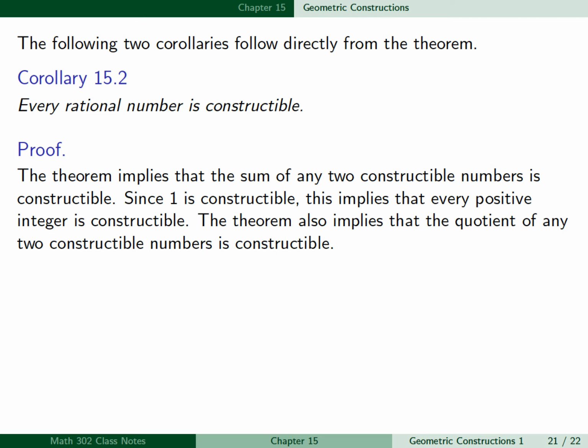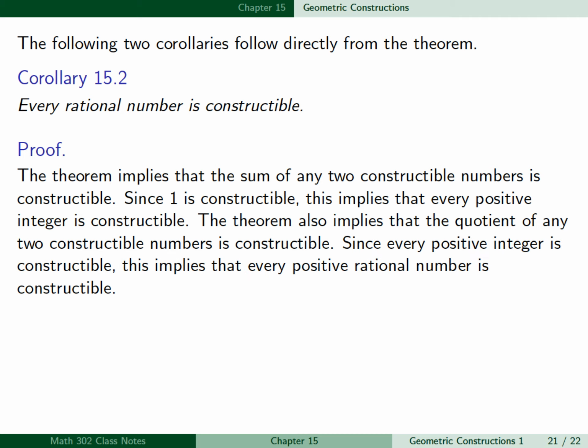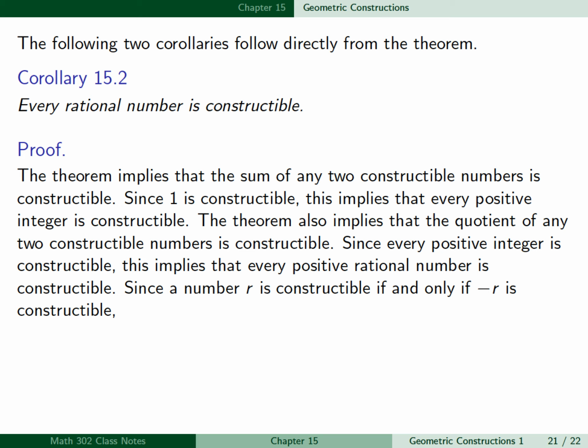And the theorem also implies that the quotient of any two constructible numbers is constructible. And since every positive integer is constructible, this implies that every positive rational number is constructible. And since a number r is constructible if and only if minus r is constructible, it follows that every rational number is constructible. And this proves the corollary.